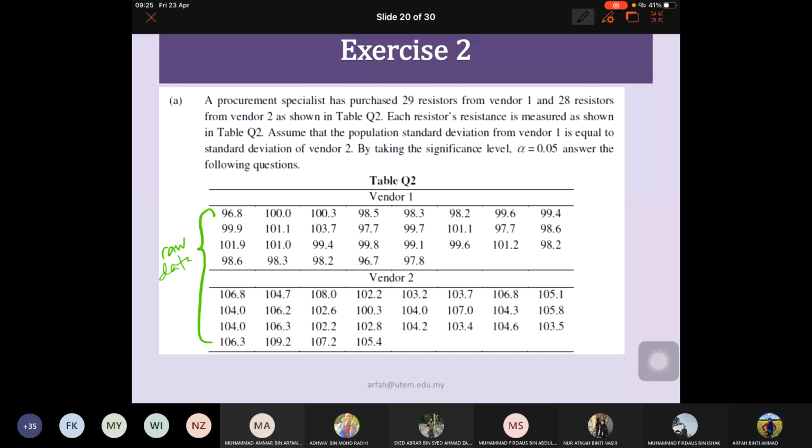Assume that standard deviation 1 is equal to standard deviation 2. So from information tulis sigma sama dengan sigma. Akan jadi N1 sama dengan 29, N2 sama dengan 28. So N1, N2 less than 30. So dia akan jadi case berapa? Tiga.